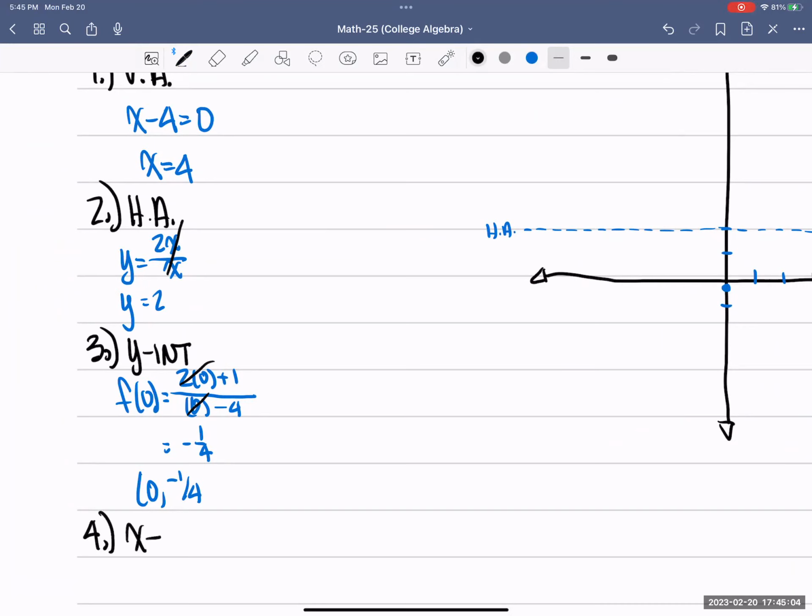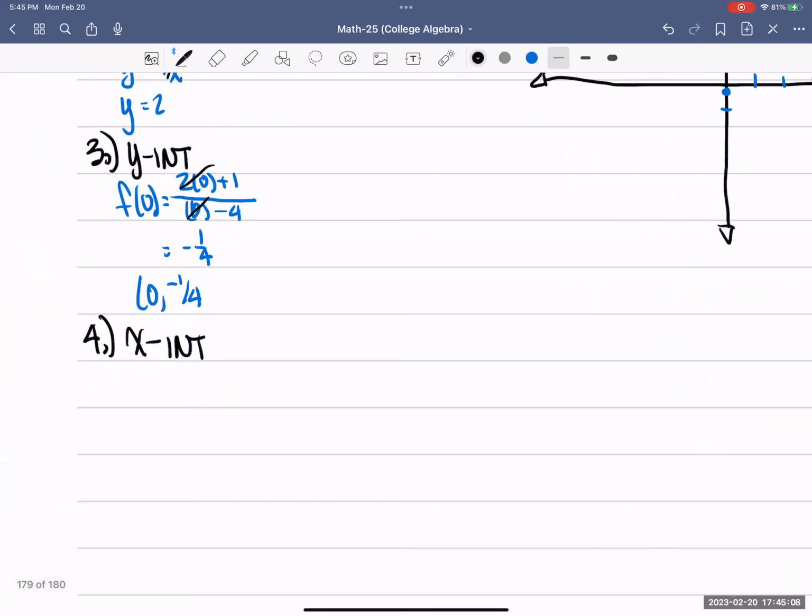Next, our x-intercept. So our x-intercept happens when our function is equal to 0. So we're going to set the function equal to 0. So 2x plus 1 over x minus 4 equals 0. So we're setting our function equal to 0, so multiplying both sides by the denominator.